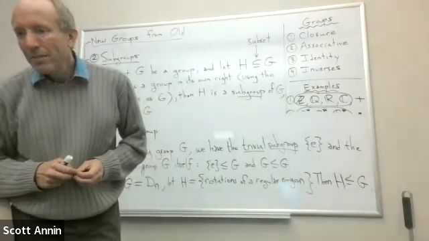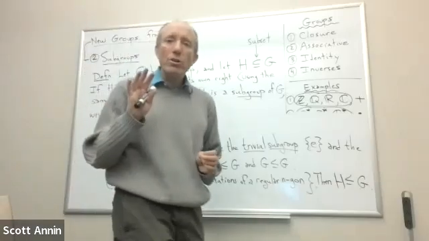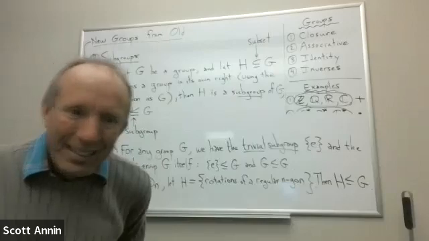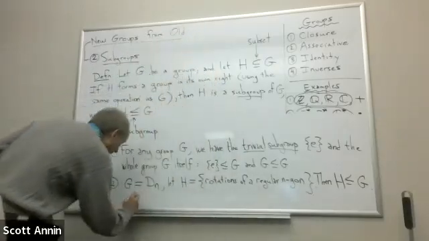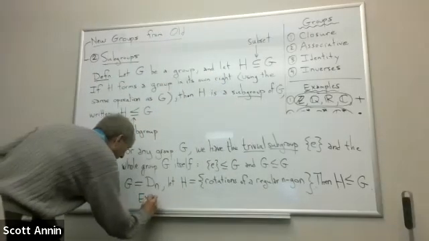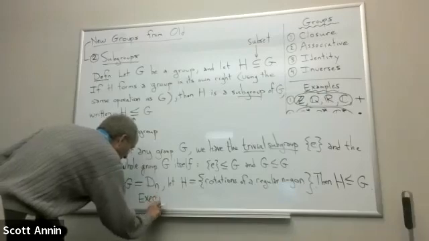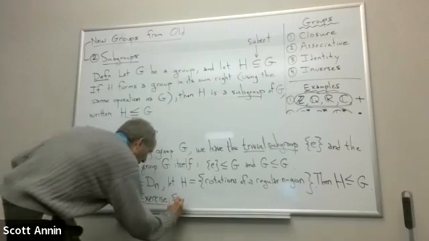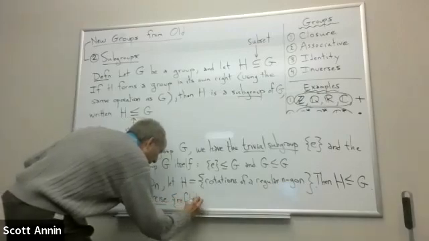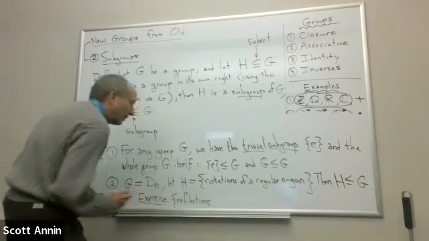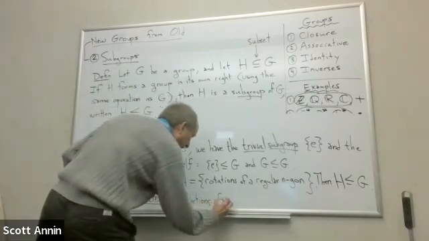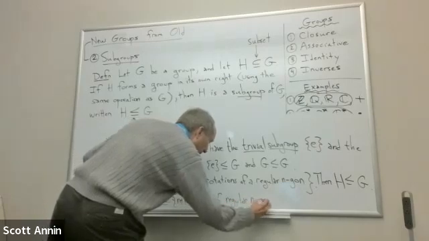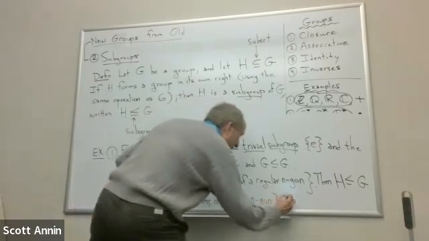Now, if I took only the reflections, maybe I'll leave this for you to think about as an exercise. The set of reflections of a regular n-gon is not a subgroup of Dn.